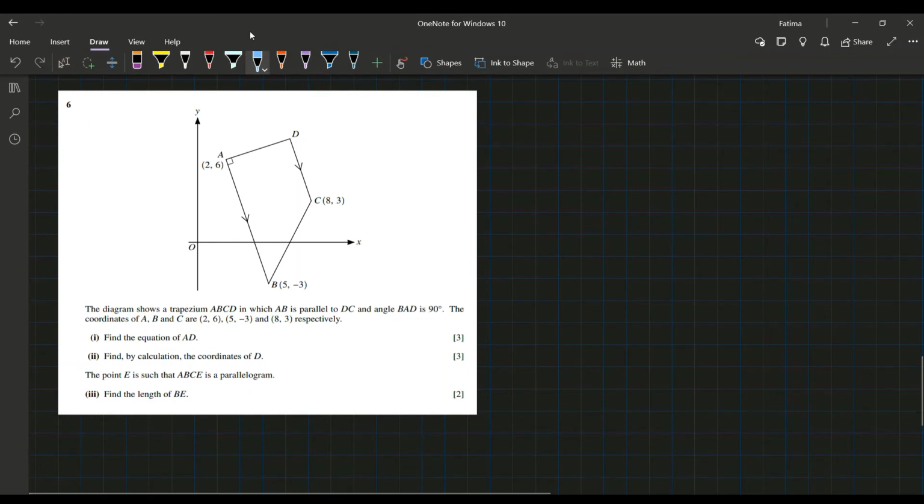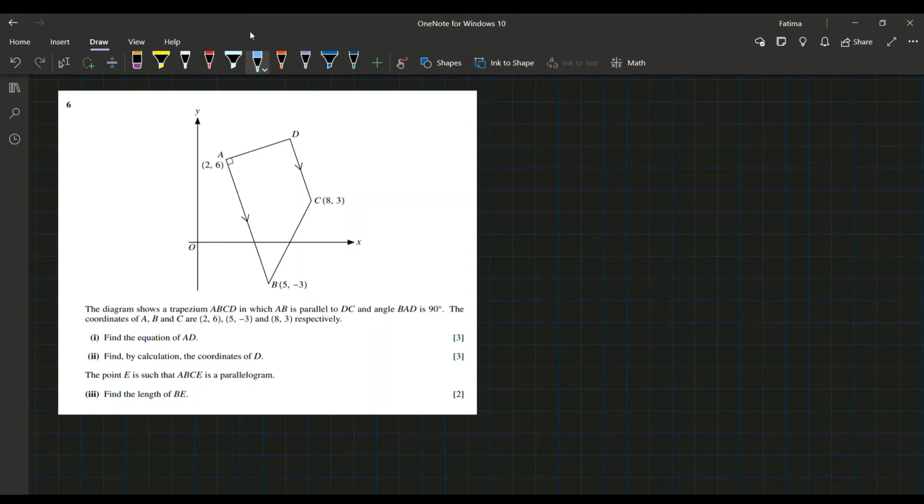So now we'll be solving another question from classified past papers. We're told that the diagram shows a trapezium ABCD in which AB is parallel to DC, and angle BAD is 90 degrees, so it's a right angle. The coordinates of A, B, and C are given to us, and in the first part we have to find the equation of AD. We don't know what the coordinates of D are, and we don't know the gradient of the line AD either.